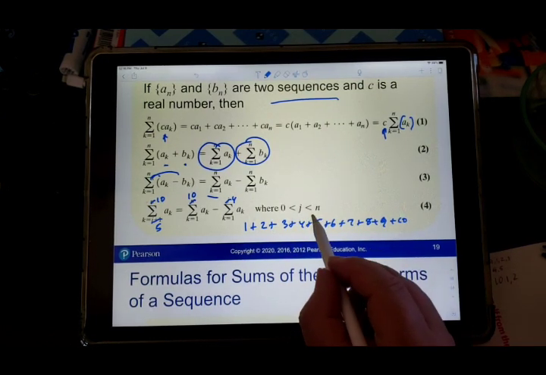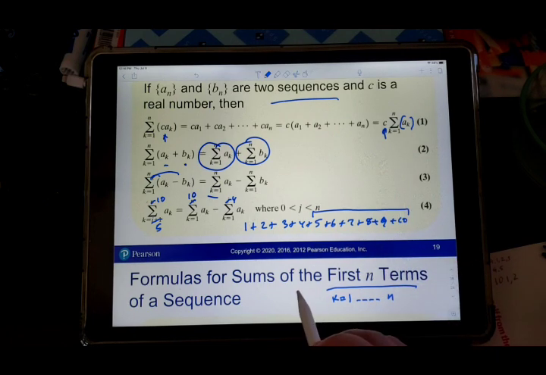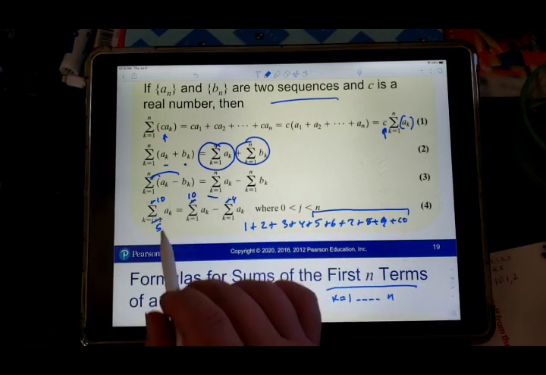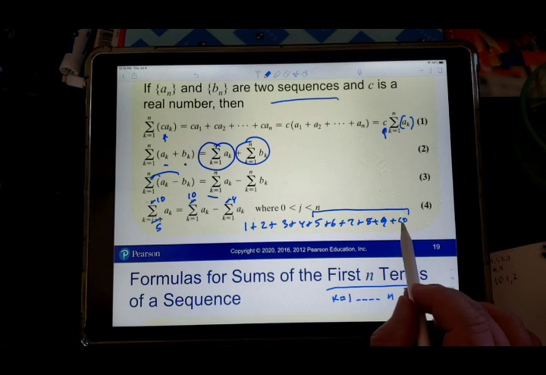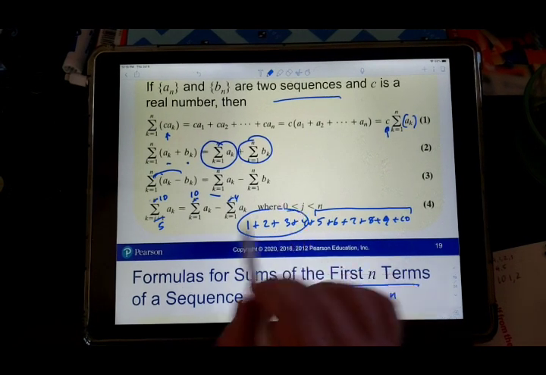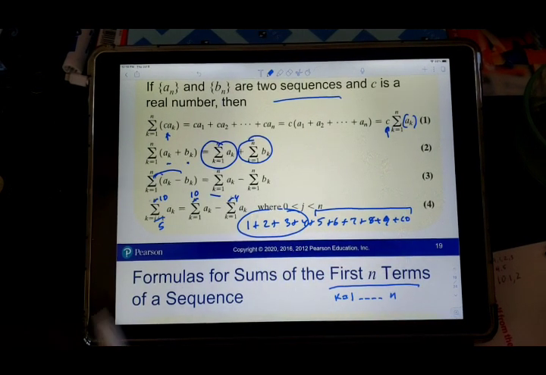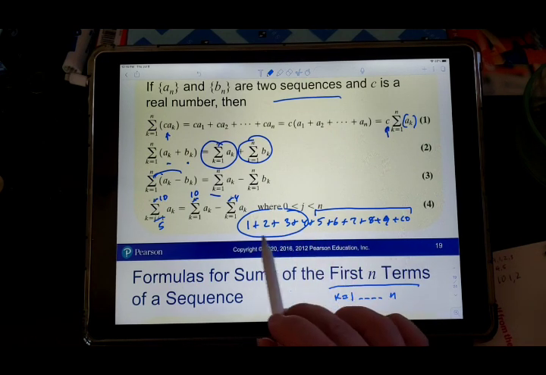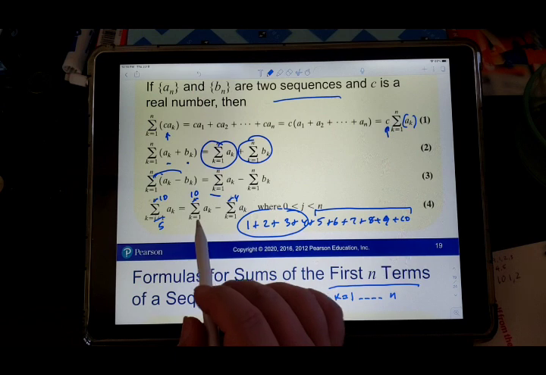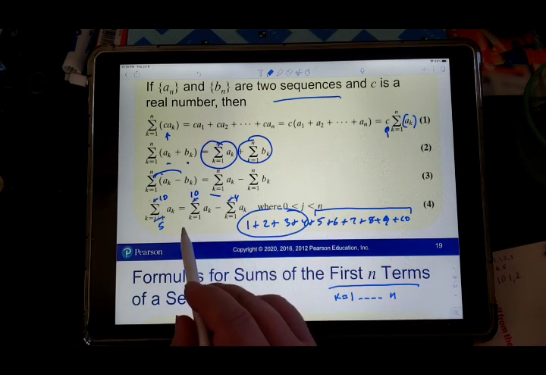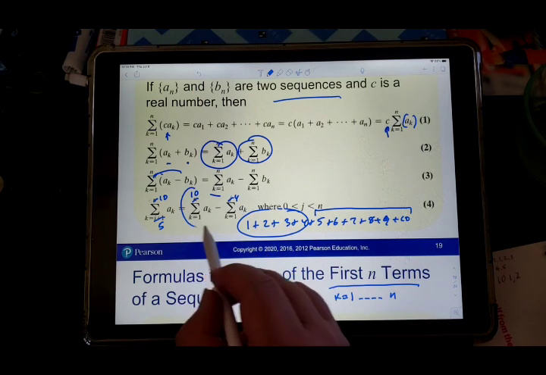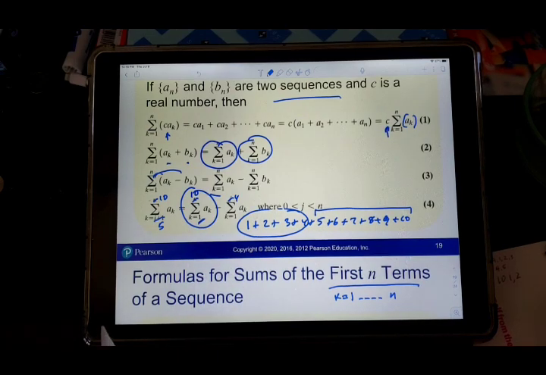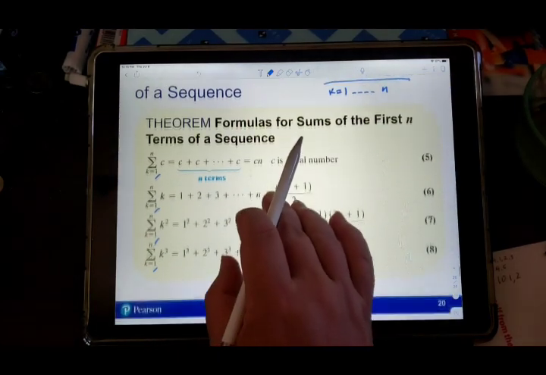And you want to find this. Well, what this formula is saying is, go ahead and find 1 through 10, but subtract 1 through 4. It wouldn't be counting numbers, they'd be terms of a sequence. But as we're going to see, we have formulas that allow us to find sums of sequences as long as they start at 1.